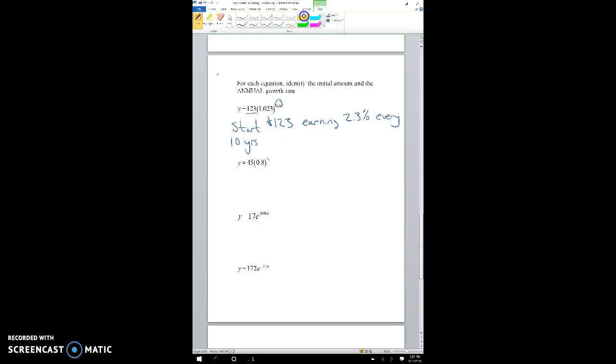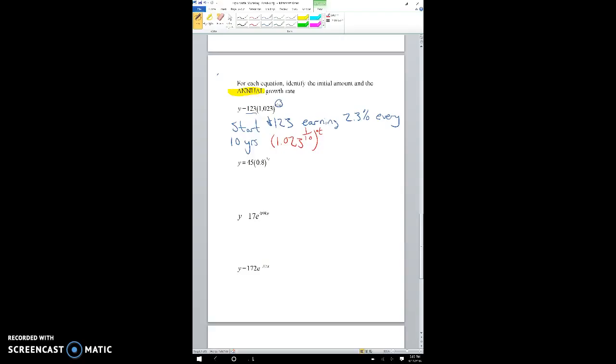Now, what you need to notice, and the biggest mistake people make here, is that the instructions tell you to say the annual growth rate. So from looking at this, I know it's 2.3% every 10 years, but we're going to have to do that process I showed you above, where we're going to take the growth factor and make it so that the exponent is by itself.